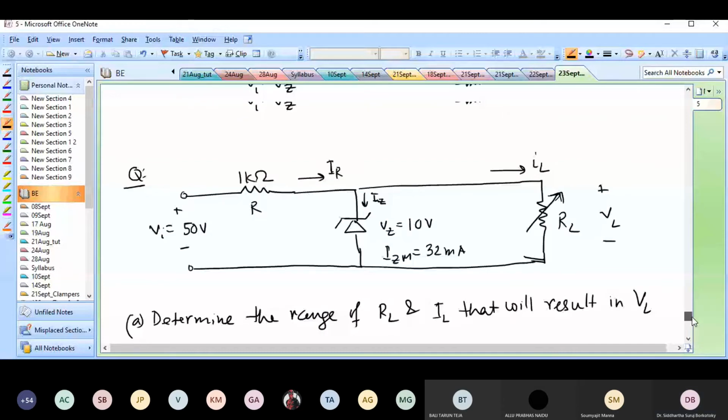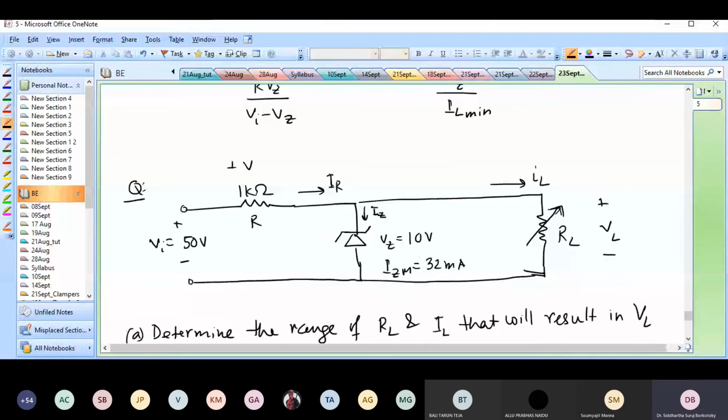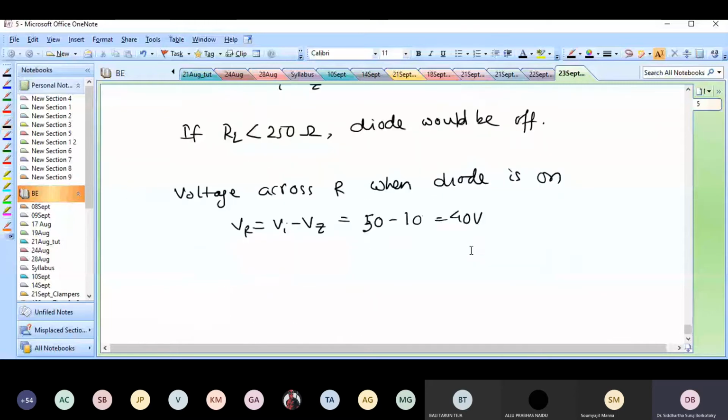This is VR, and then we have a VZ over here, VL. So VR would be 40 volts. It follows that IR is just VR by R, so that's 40 volts by 1 kilo ohm, which is 40 milliamperes.